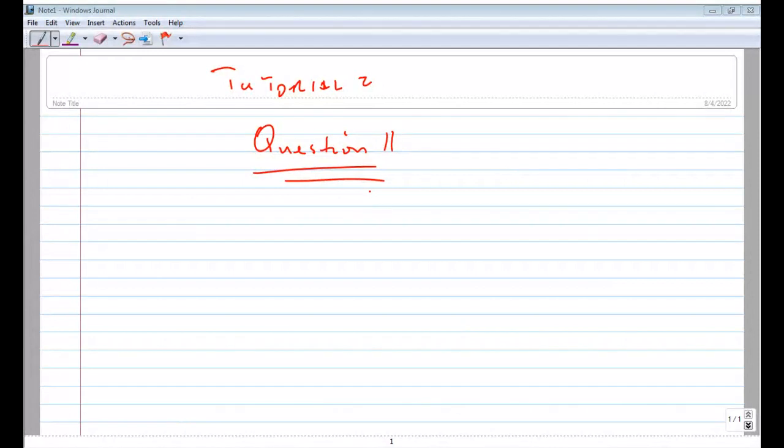So the table is like this. You have club 1 and club 2. Then you have a sample size, the median, the standard deviation, then the standard error of a sample mean.